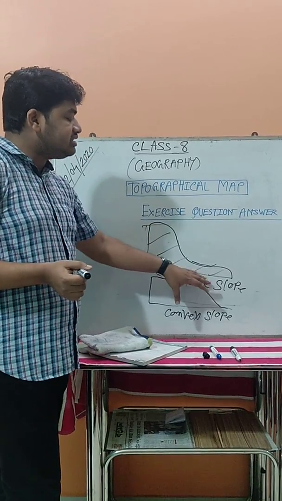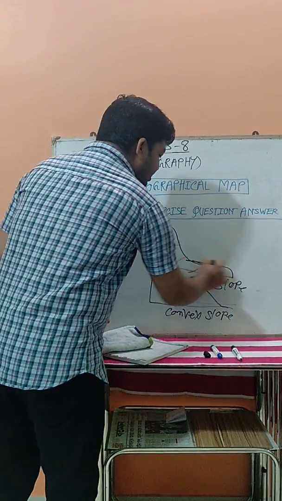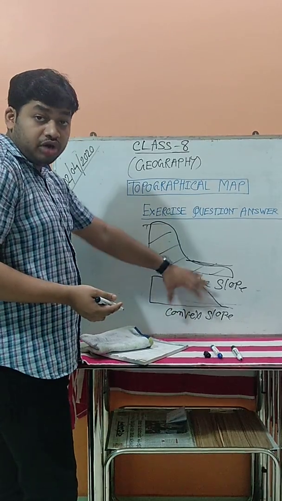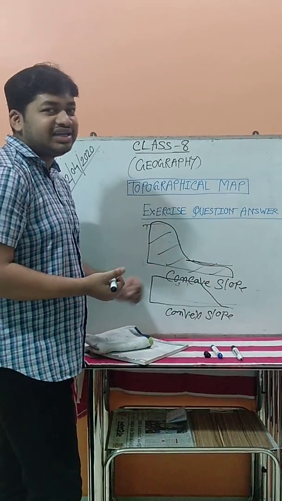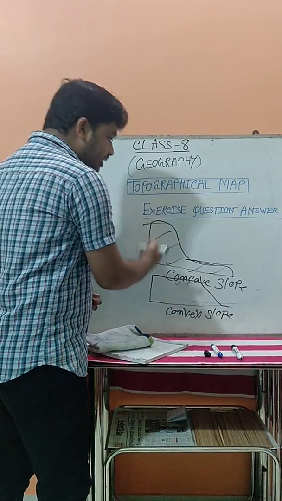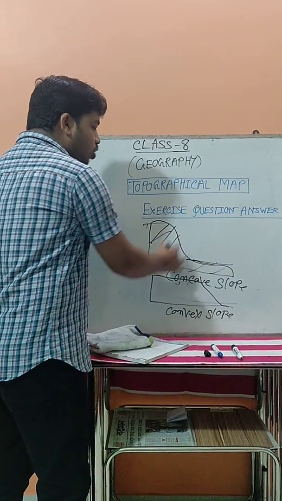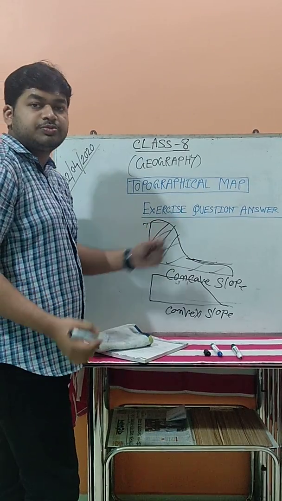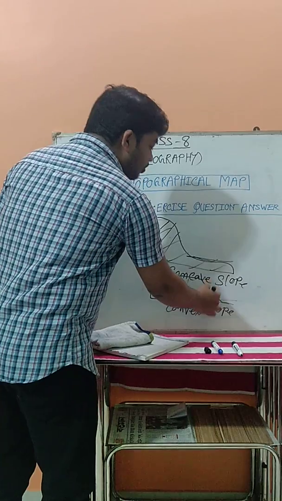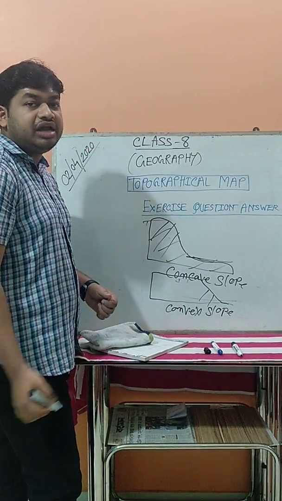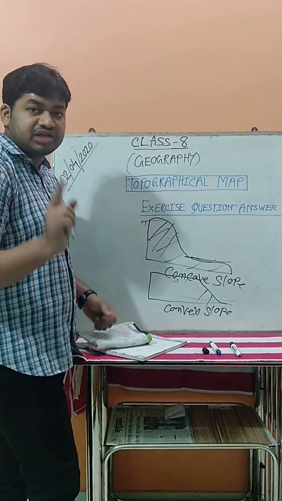The downward region in the concave slope is flat in nature, but in the convex slope, the upper portion is flat in nature. And in the concave slope, in the upper portion, all the contour lines are located very close to each other. And in the convex slope, in the downward portion, all the contour lines are located very close to each other.